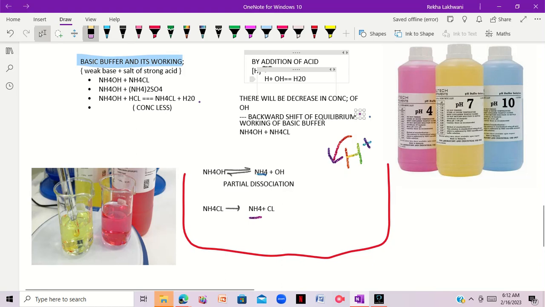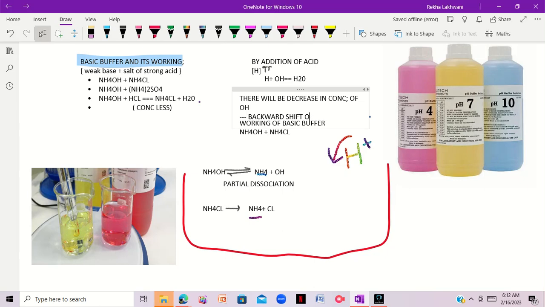Okay, what will happen is there will be a decrease in the concentration of OH ions. This ammonium hydroxide will dissociate more, so it can give more OH ions.